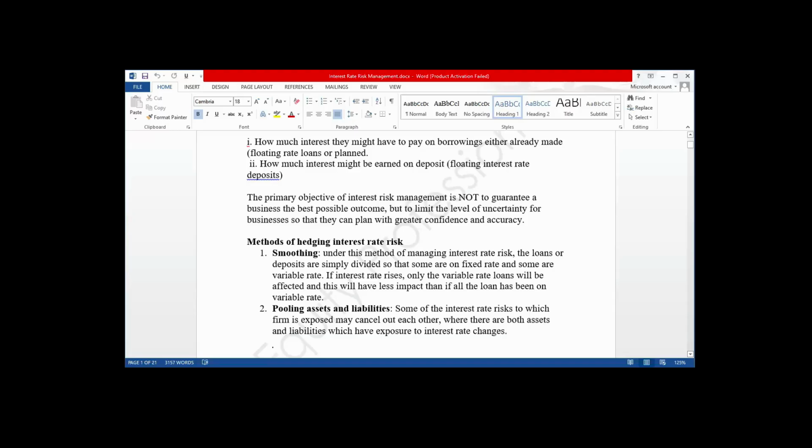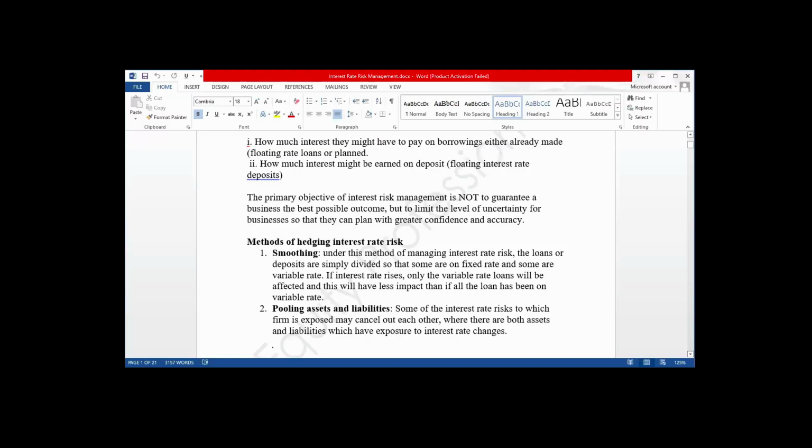If interest rate rises, only the variable rate loan will be affected, and this will have less impact than taking out the whole loan at a variable rate. That is the concept of smoothing.